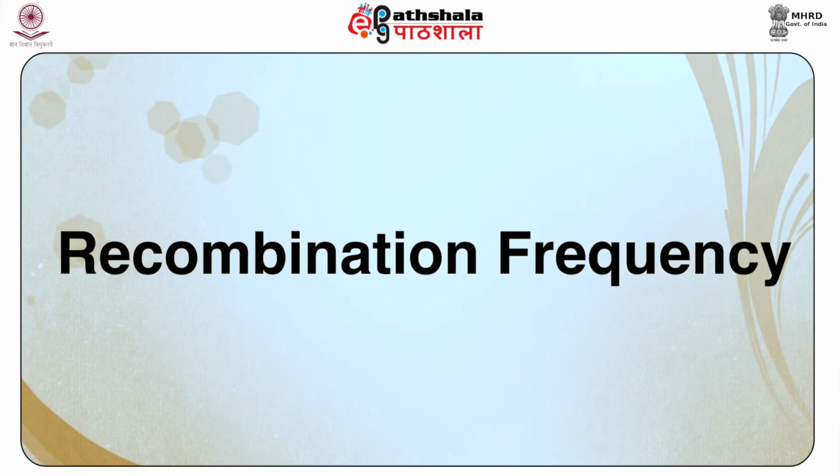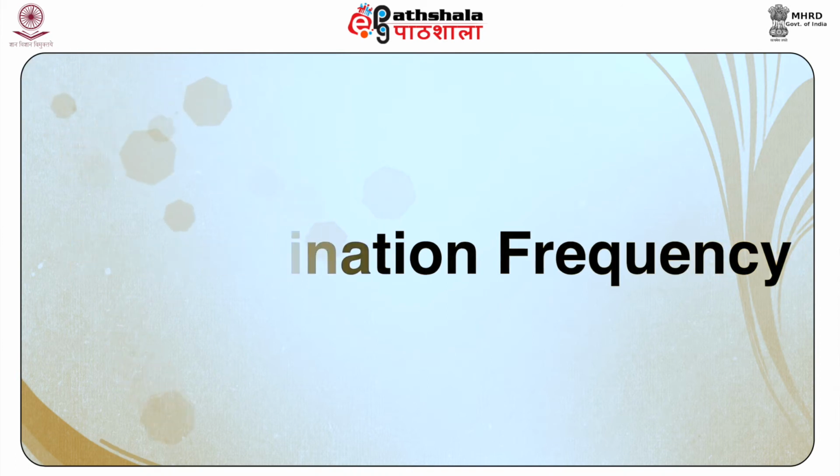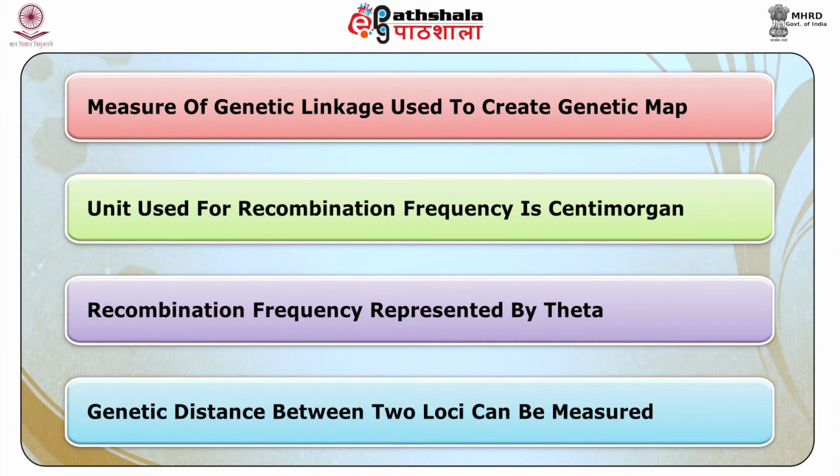Now we will be studying recombination frequency. It is a measure of genetic linkage used to create a genetic map. The unit used for recombination frequency is the centimorgan, that is cM. Recombination frequency, represented by theta, the genetic distance between two loci, can be measured in this way.